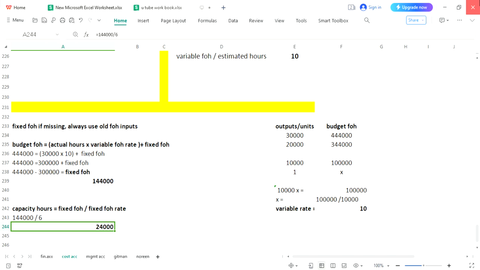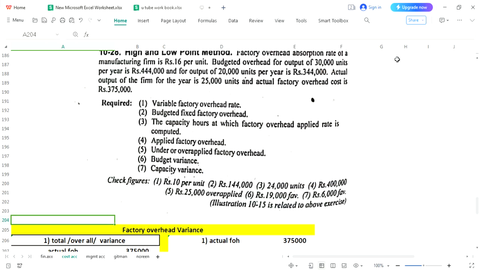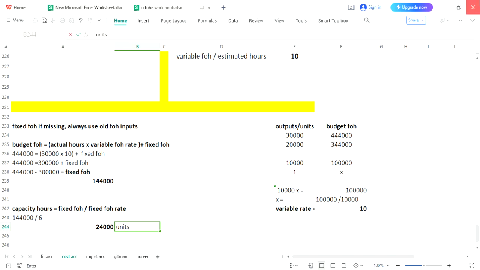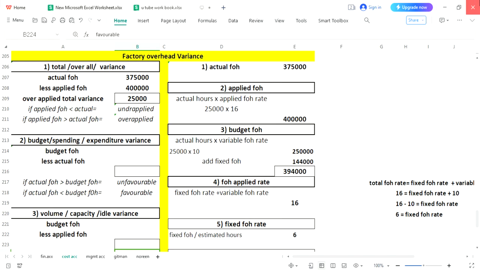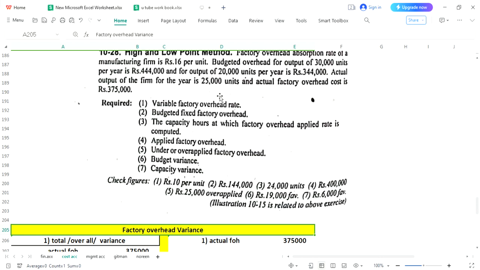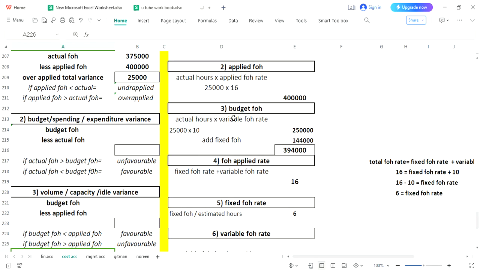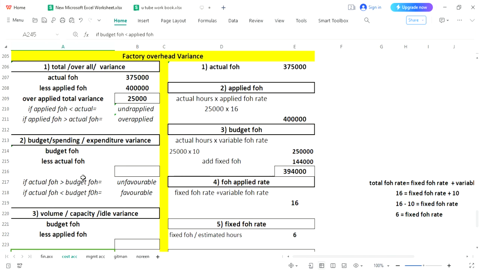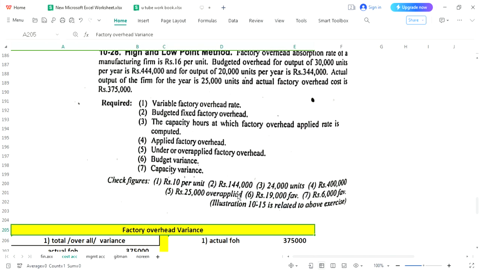Capacity hours come up. The third requirement was capacity hours: 24,000 units, and you have calculated 24,000 units as well. So in this way, the third requirement is also calculated. We have the second requirement, budgeted fixed FH, and we have calculated budgeted fixed FH 144,000 over here, and the answer is 144,000. Third requirement, 24,000 answer.